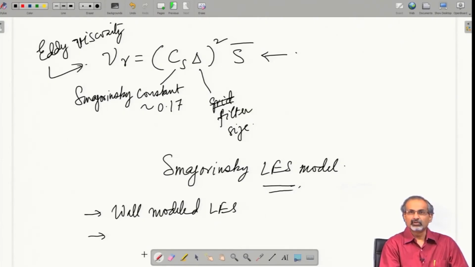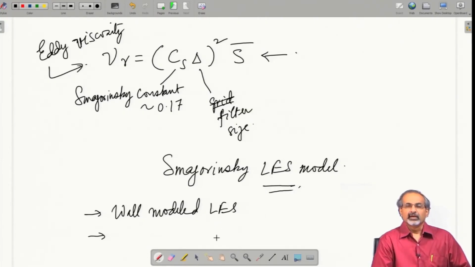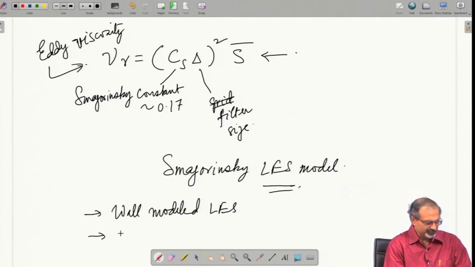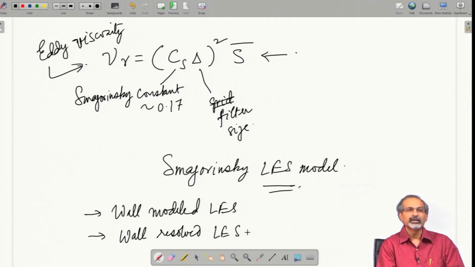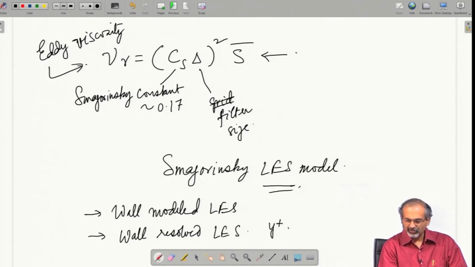In certain more accurate methods, we do a wall resolved LES, where you go very close to the wall, and so the y plus values are close to 1.